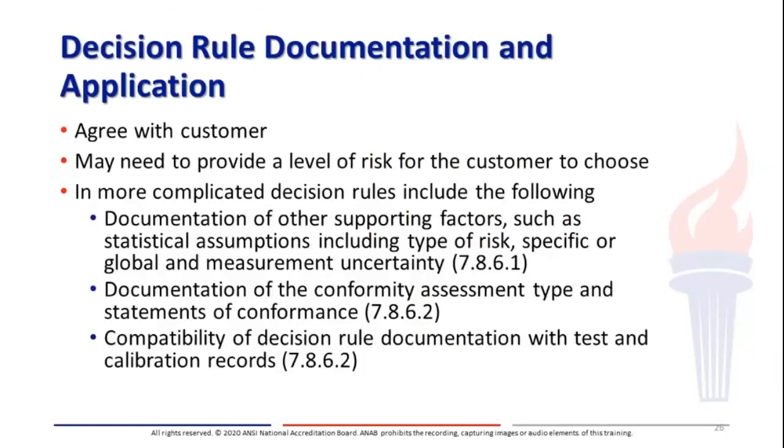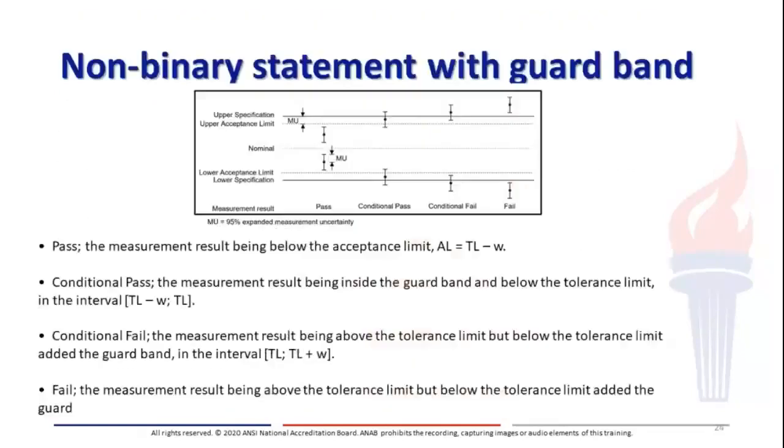Whether that's the reporting out of uncertainty, defining a decision rule, or the risk associated with that decision rule, everything has to be agreed upon with the customer. And we may need to provide a level of risk for the customers to choose. And that could be a situation. I'll go back a couple slides here, just as an example. Maybe this is the choosing for the customer.